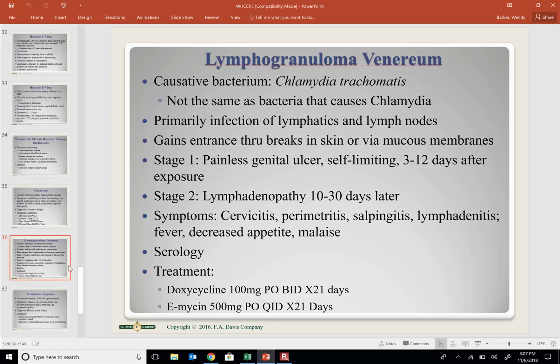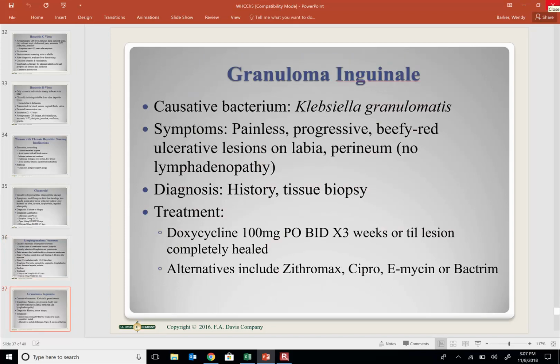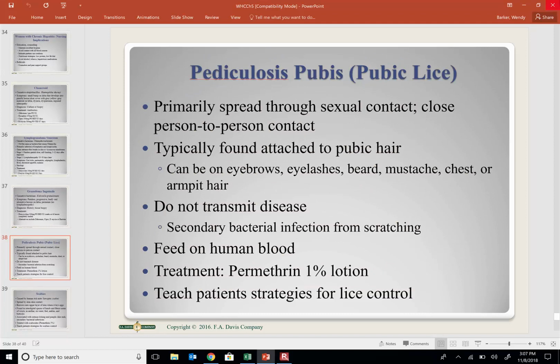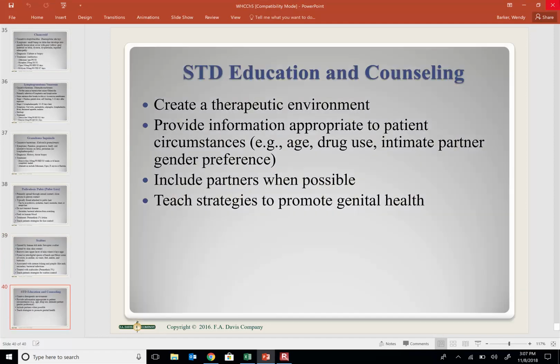And then the rest of those things, you can just read over those so that you are aware of their existence. And then STD, STI, education and counseling.